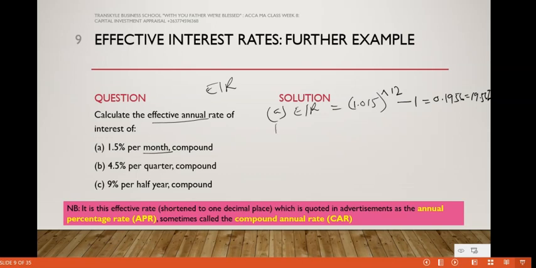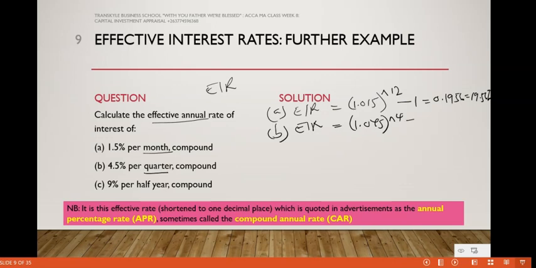Then B, our EIR, is going to be 1 plus 4.5%, which becomes 1.045. But now this is per quarter. So how many quarters do we have in a year? We've got 4 quarters.